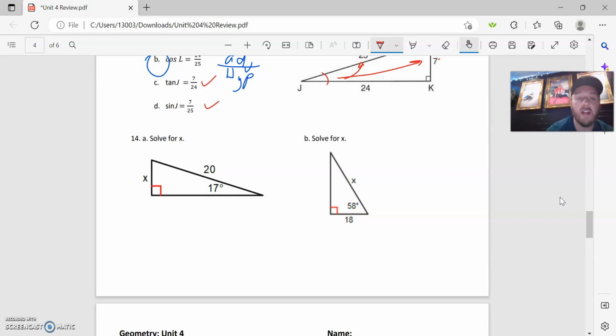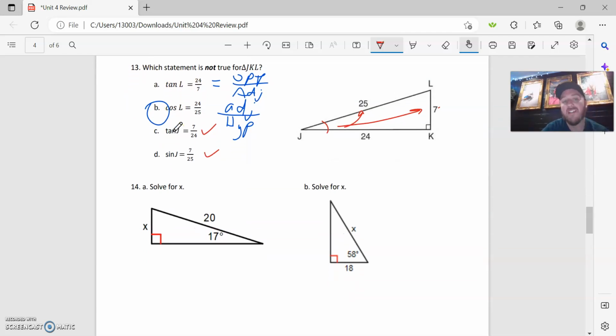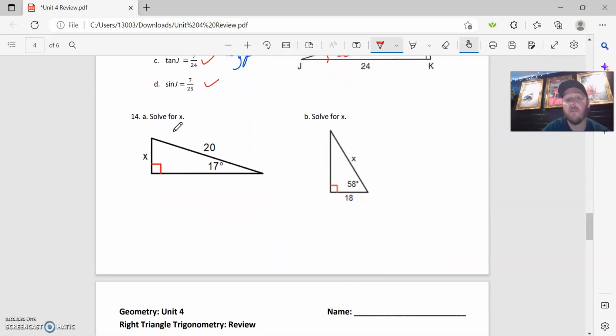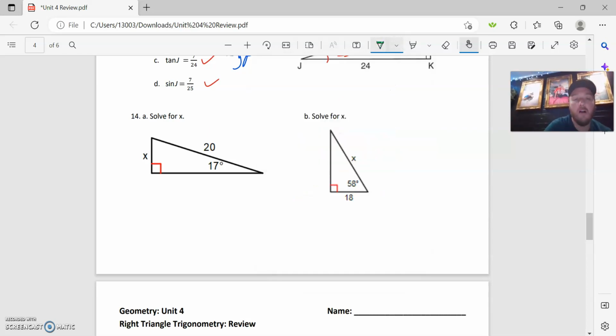Solving for x, the first thing we're going to do, just like 13, is set up this ratio with the sine, the cosine, or the tangent. I'm going to set it all up and then solve for the variable using algebra. So let's go like a green color here.